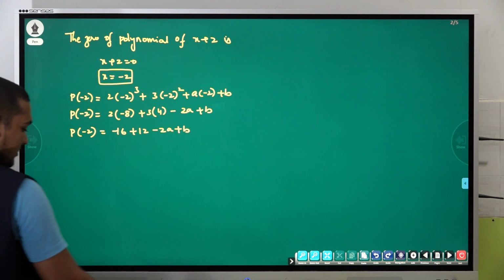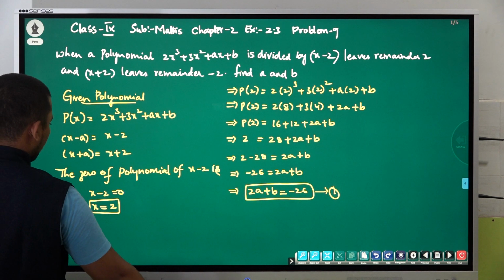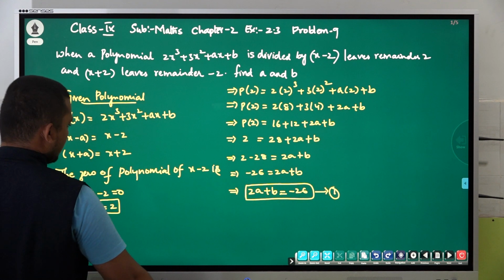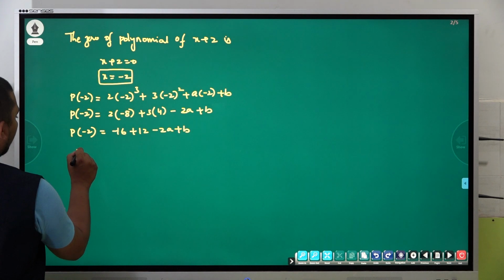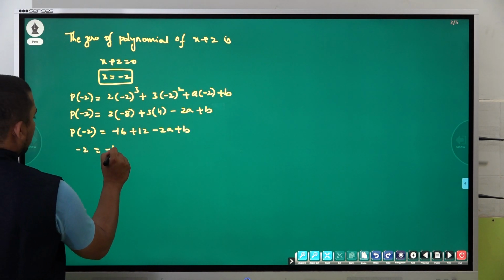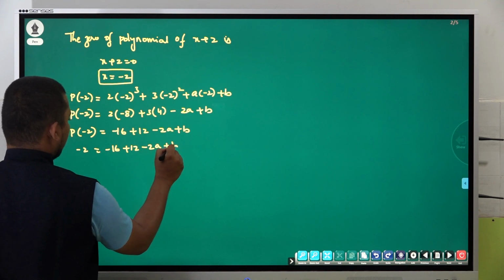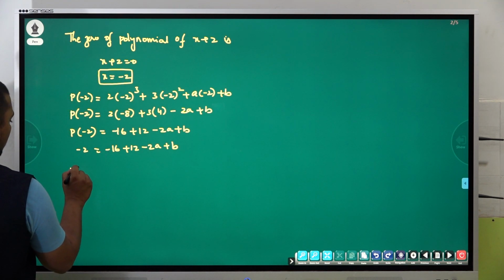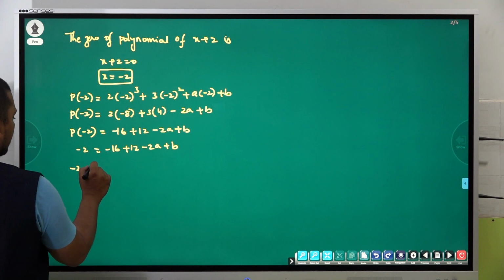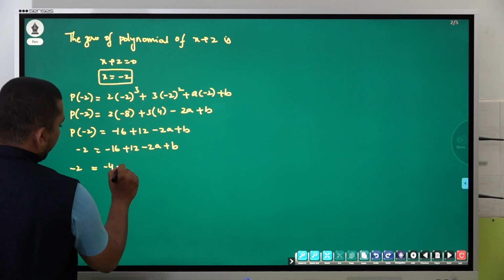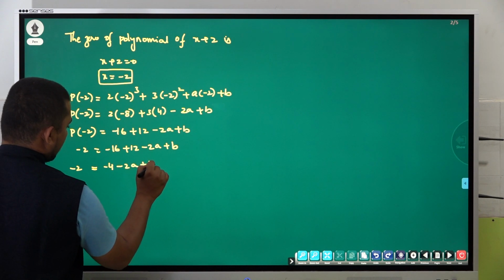But what is the remainder for x plus 2? Minus 2 is the remainder. Minus 2 is equals to minus 16 plus 12 minus 2a plus b, and minus 16 plus 12 is minus 4. Okay, minus 2a plus b.